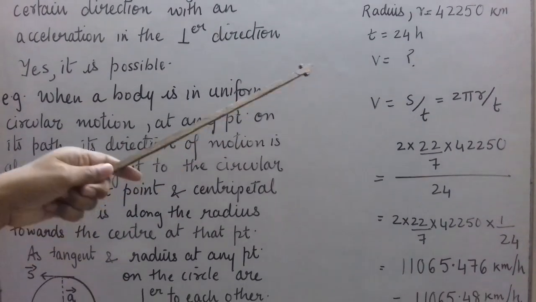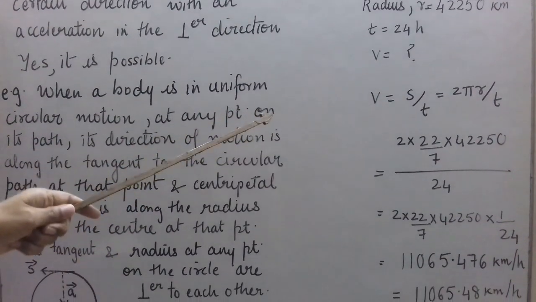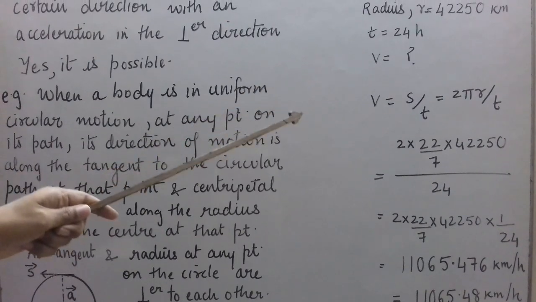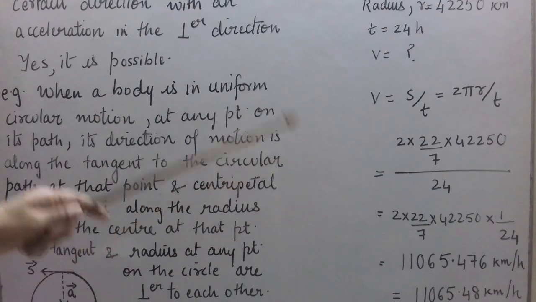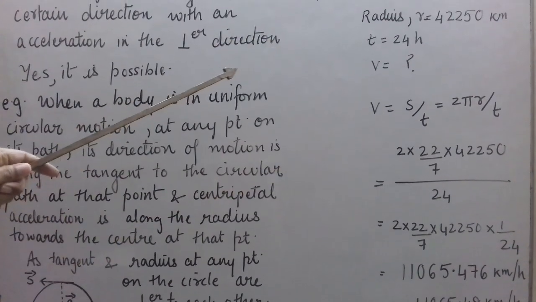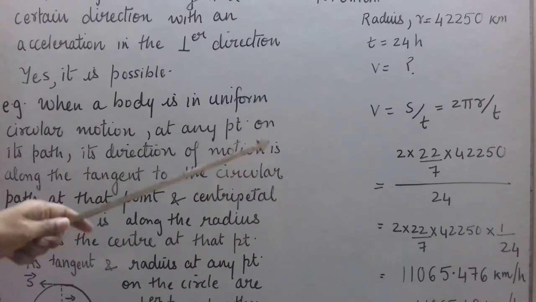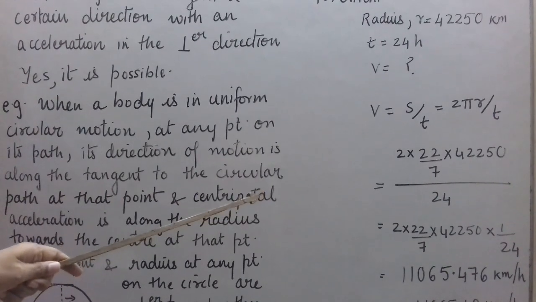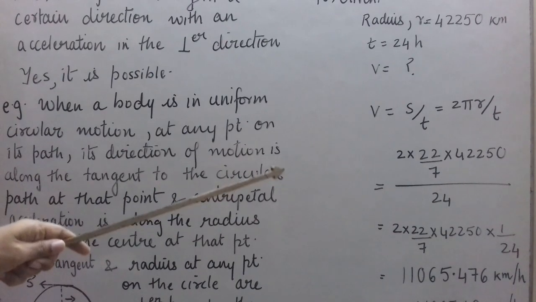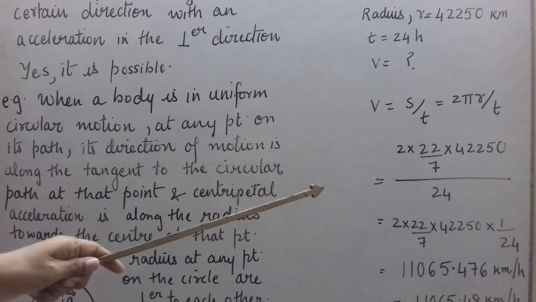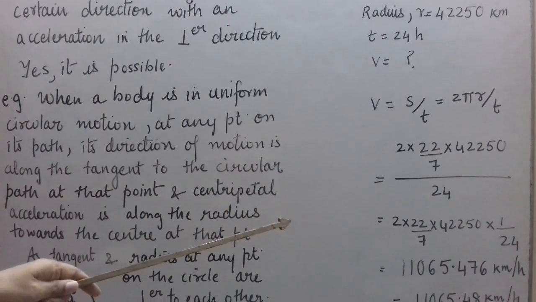So that is 2 pi r. So distance travelled is circumference of the circular orbit, 2 pi r, divided by t. Now that is in kilometer and this is in hours, so no problem. We can get the answer in kilometer per hour. So 2 into pi is 22/7 into r is 42,250 kilometer divided by 24.